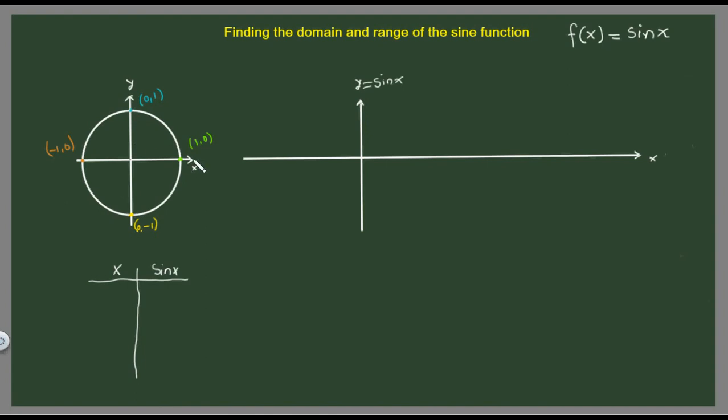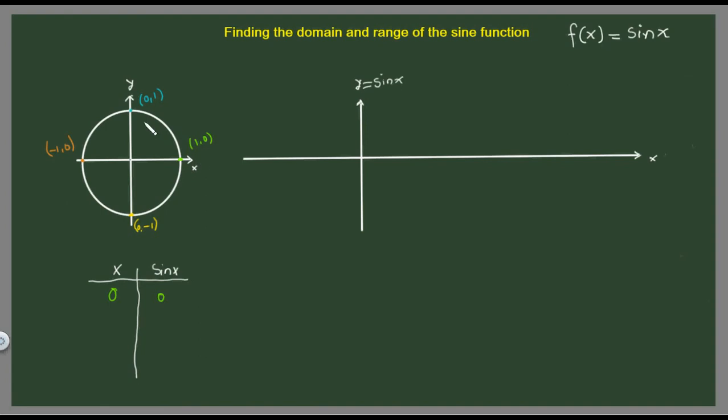Here we have the cosine 1, but the sine is not represented, which means the sine should normally be 0. So over here, we have the sine 0.